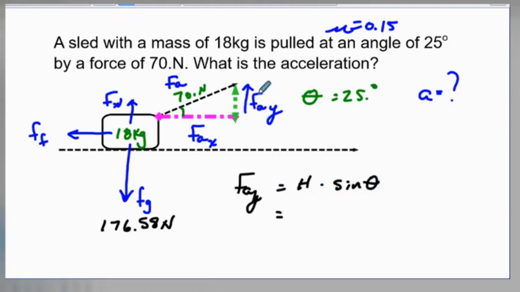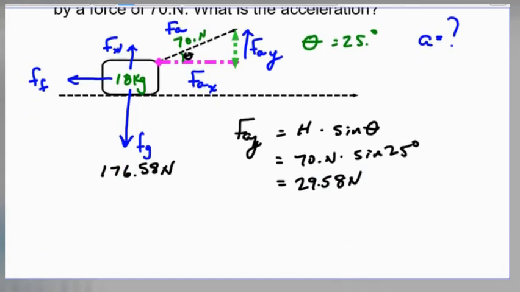Okay, so sine, this is the opposite side to this angle here. So that would give us 70 newtons times the sine of 25 degrees. So our applied force in the y direction is 29.58 newtons.